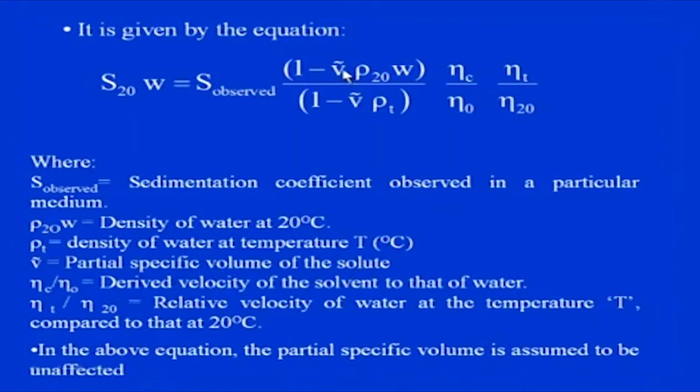This term here is the relative viscosity of the solvent to that of the water, and this term here is the relative viscosity of water at the temperature T compared to that at 20 degrees Celsius. So, all these things could be corrected to the standard value here, and this could be calculated for certain very accurate calculations.